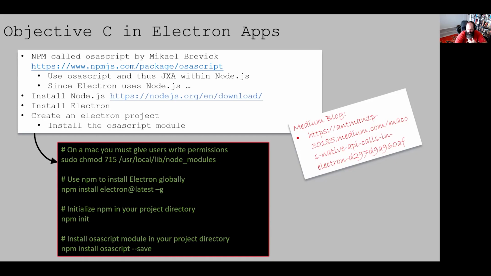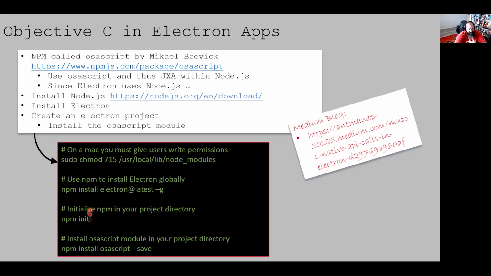There's a weird issue, and you have to give write permissions to the node_modules directory to all users. As you can see in this example, I'm giving permissions to all the users for this node_modules directory. That's going to allow us to install Electron globally, and you can see I do that here from npm with the tag -g for global, and I get the latest version here.